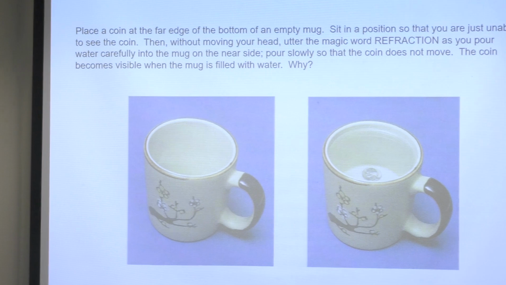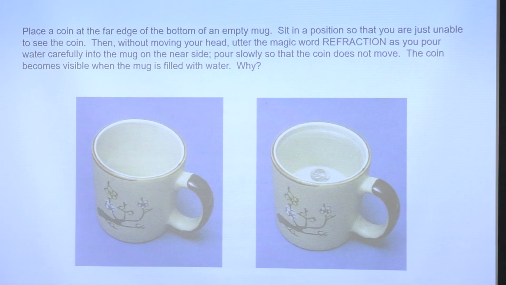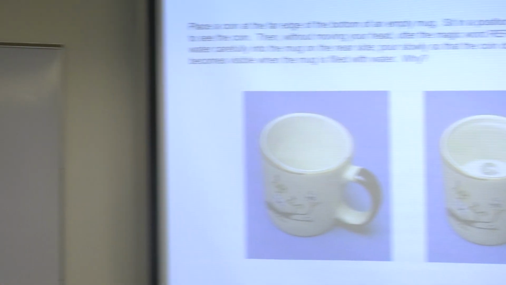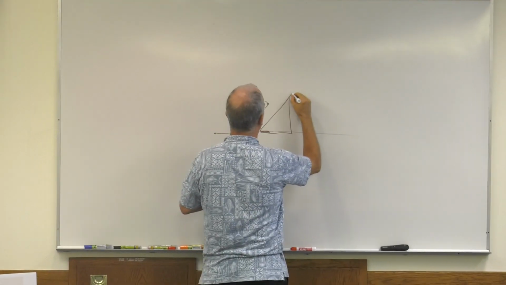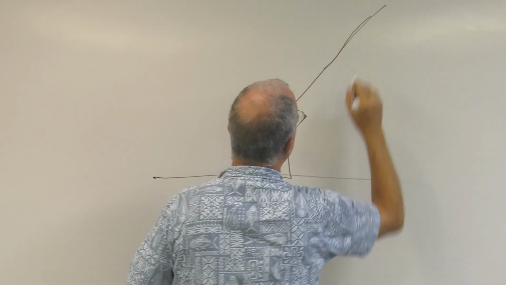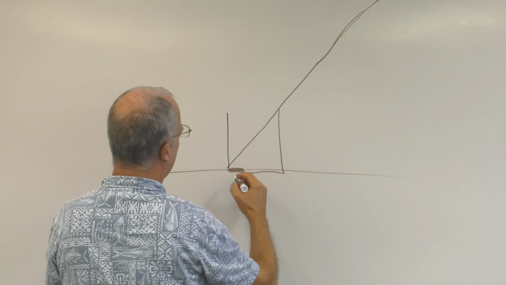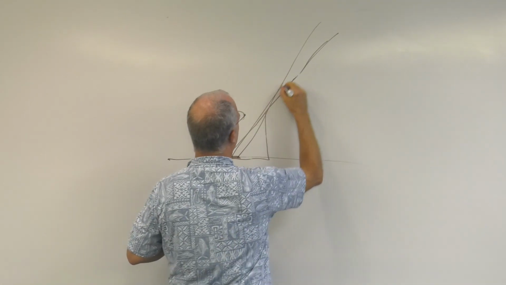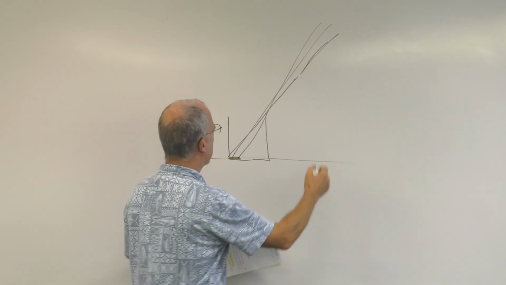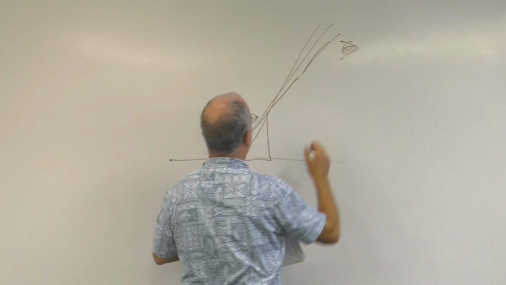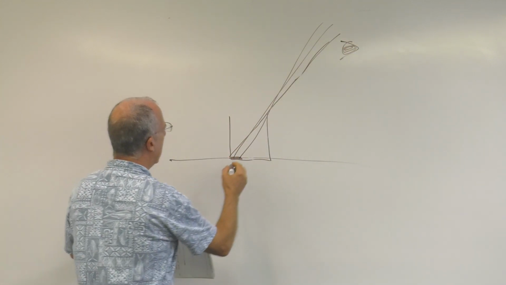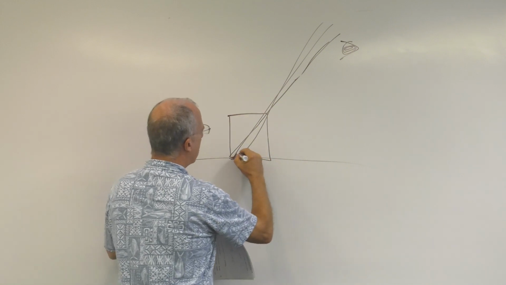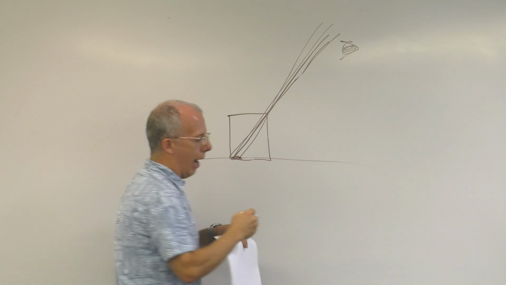So here's table, mug, and here's the coin. It's an empty mug, so that's the light ray, and you can't see it. Let's say your eye is here. Obviously, there's no water in here. It's just air. These light rays are not reaching your eye.